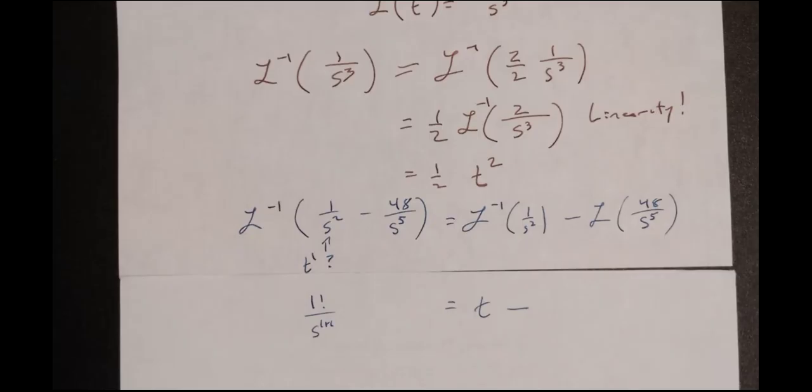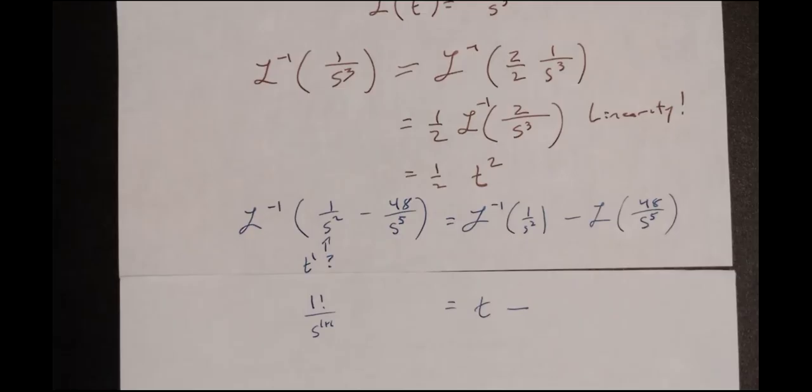What's the thing that's going to give me an s to the 5th on the bottom? But if it's a t to the 4th, it should have a 4 factorial on top, right? What's 4 factorial? You own calculators. You do not have to do this in your head.